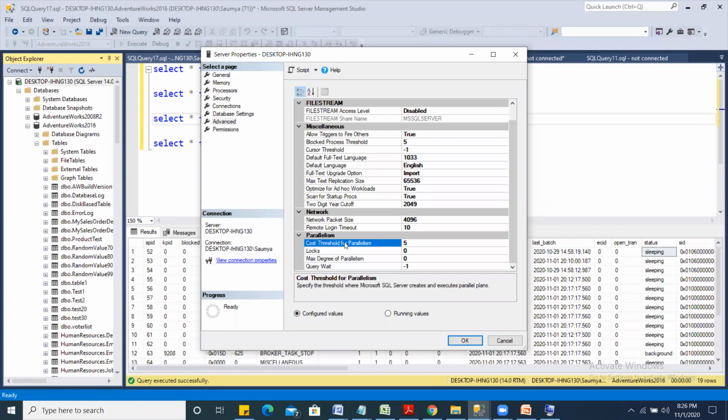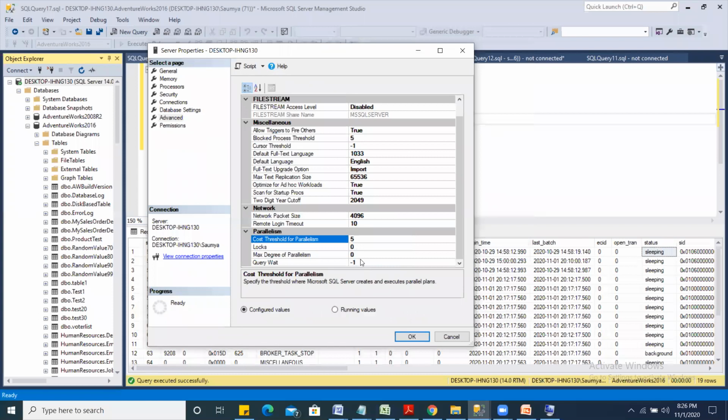These two are server level configurations, or server level parameters, we say. By default, the max degree of parallelism is always set to 0, right?